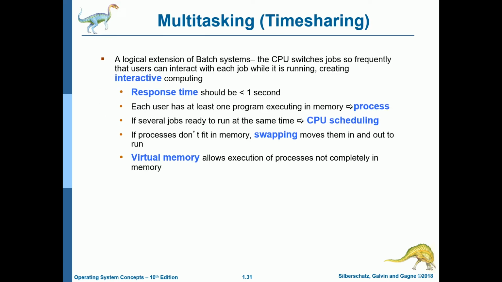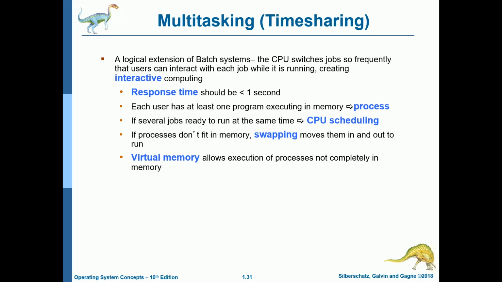Now, multitasking with timesharing. This is the logical extension of these batch systems. The CPU is switching jobs so frequently that the user can interact with each one of the jobs while it's running, creating an interactive computing system. Ideally, you want this response time to be less than a second. Each one of the users has at least one program executing in memory, a process.